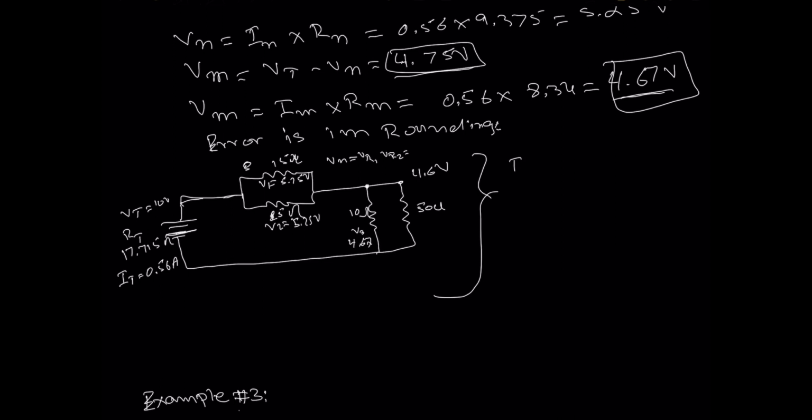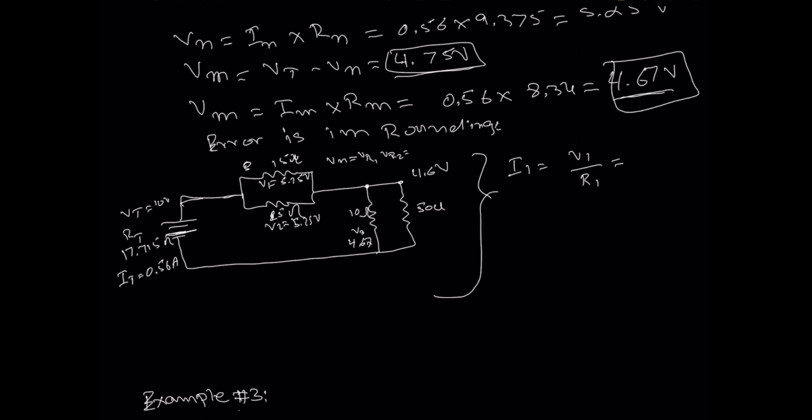To find I1, we need Ohm's law, so it will be V1 over R1. Keep in mind that IT is 0.56, and the total current here should add up to 0.56.